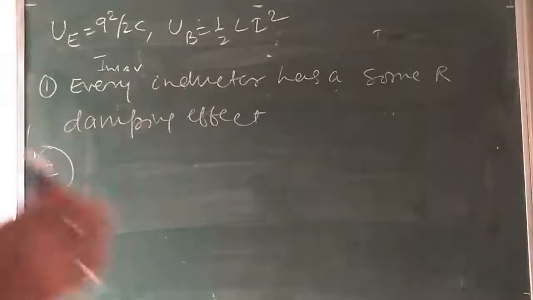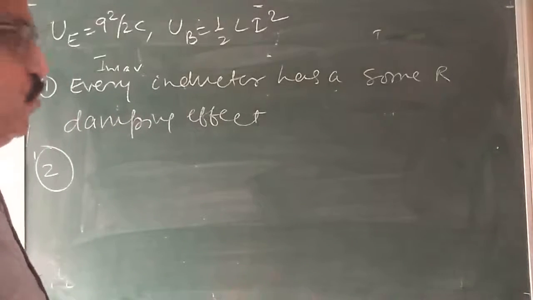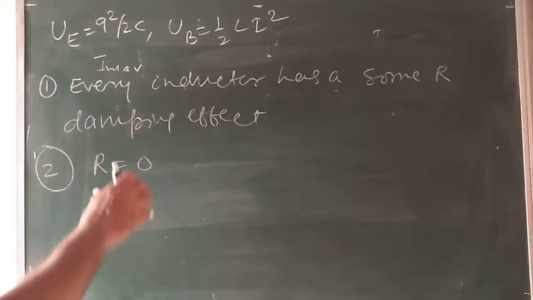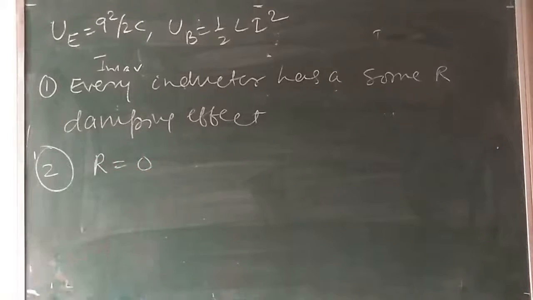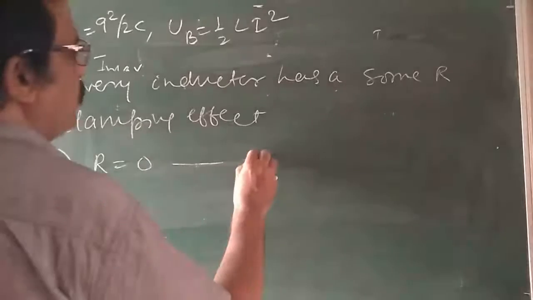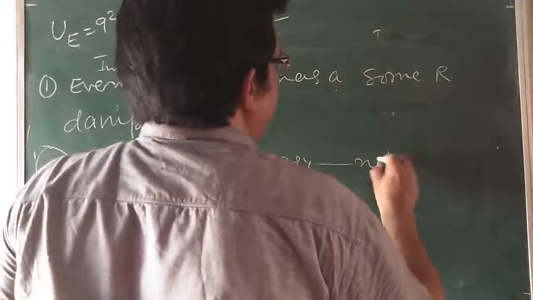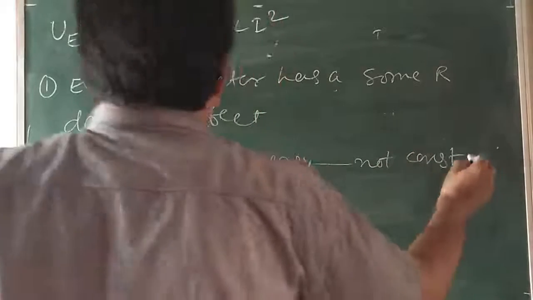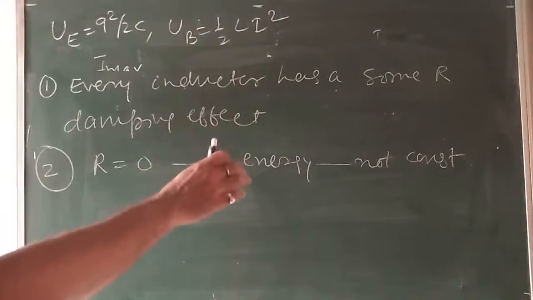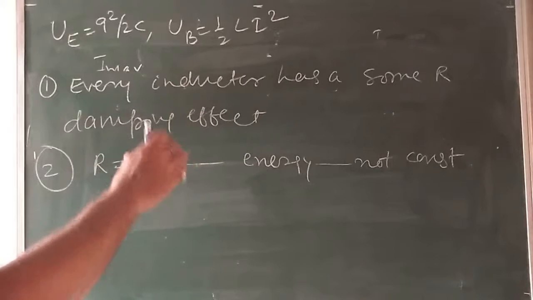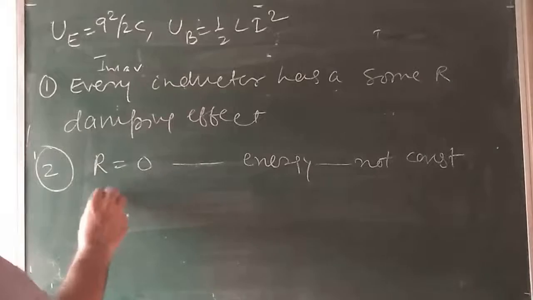Even if I say the resistance is zero, in a special case, the total energy of the system would not remain constant. It is clear? It is radiated away from the system in the form of electromagnetic waves.